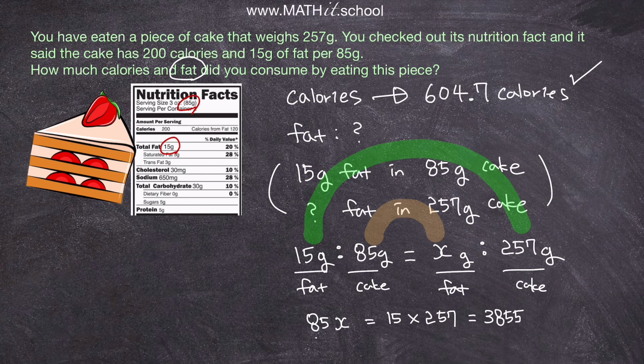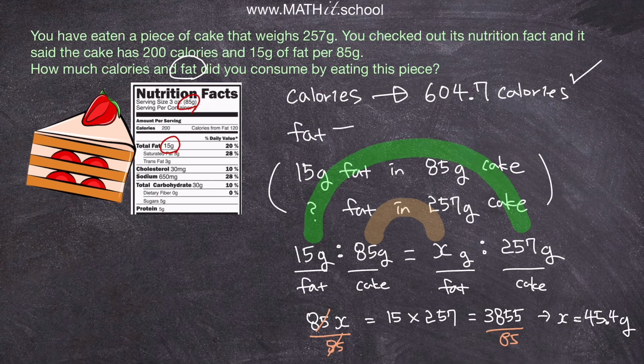If I divide both sides by 85, I can cancel out that coefficient of x, and I get x equals 45.4 grams. That's the amount of fat that this piece of cake contains. So for fat, I'm going to write 45.4 grams.